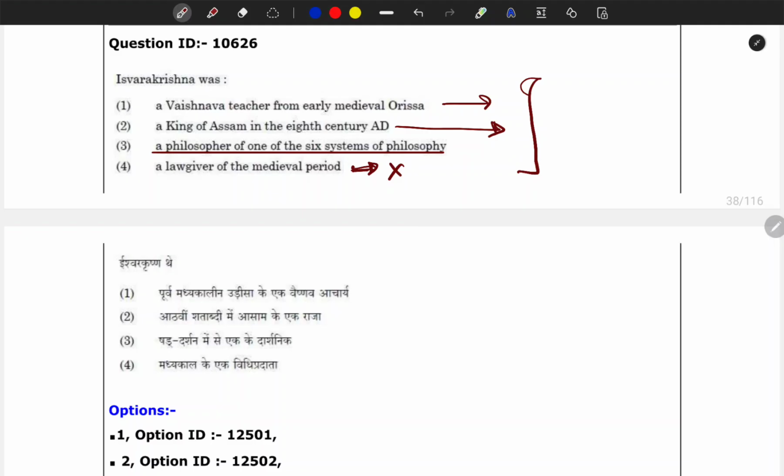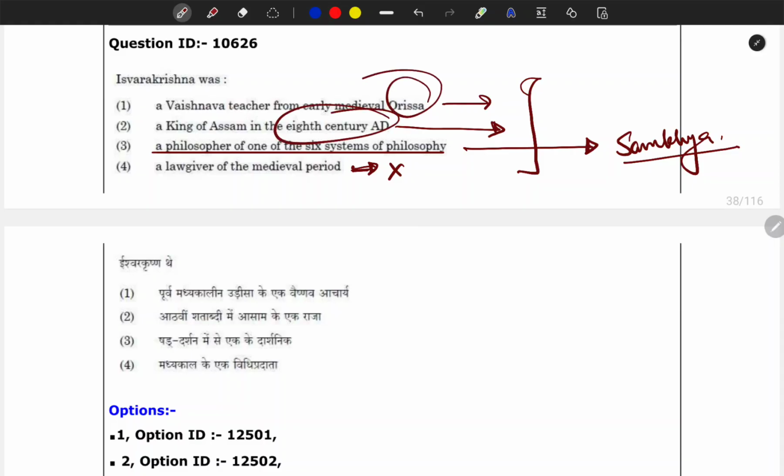He codified the philosophy of Sankhya, and he belonged to the Gupta period. So he was in the 5th century, not in the 8th century, and he was not in Odisha. He was centered in Patliputra rather. Since the center of power was in Patliputra, we can associate him with that particular city.